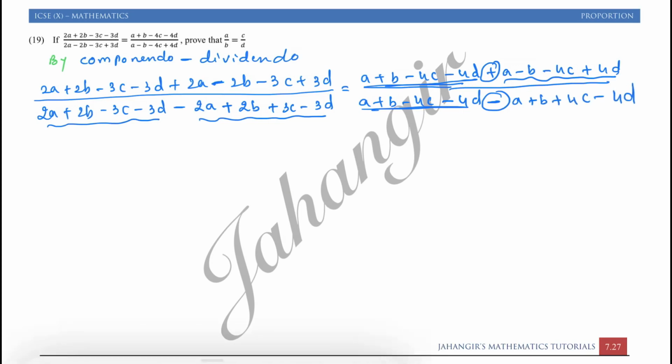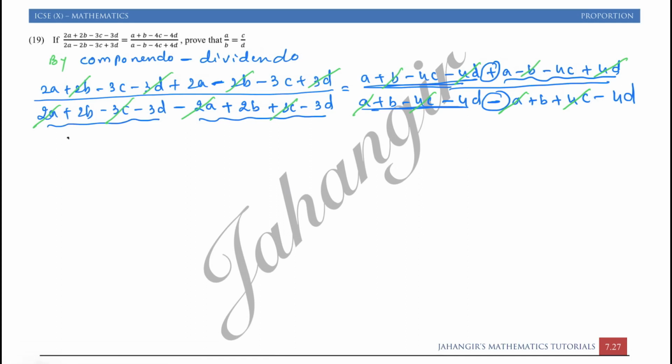Now let's cancel out the positive negative terms. 2b plus 2b minus 2b, plus 3d minus 3d will get cancelled, 2a minus 2a, then plus 3c minus 3c. Same pattern we can cancel on right side, plus b minus b, 4d cancel, a and a will get cancelled, plus 4c minus 4c will get cancelled.